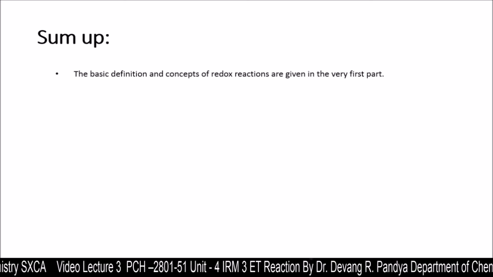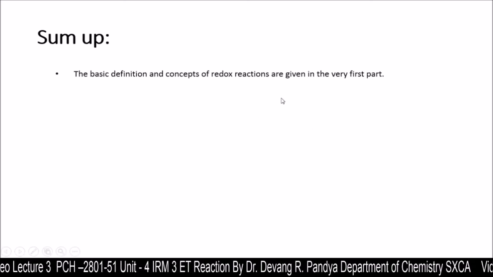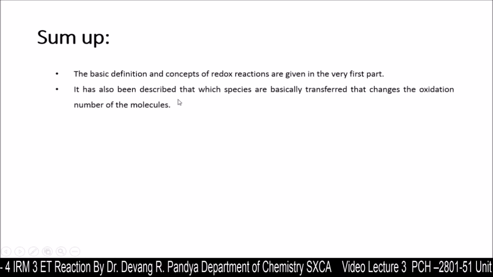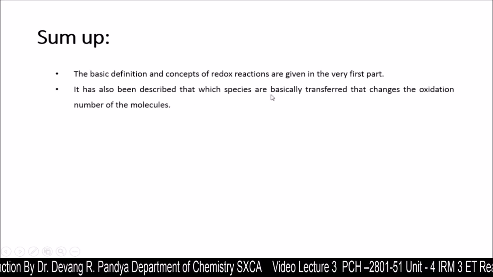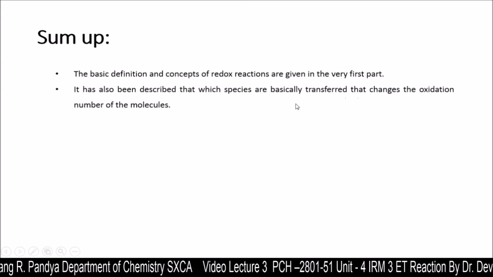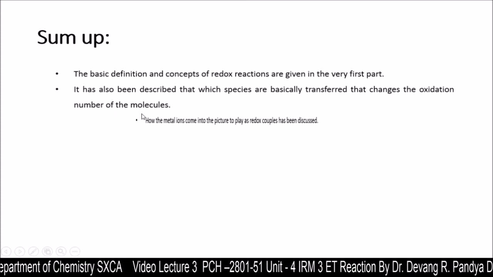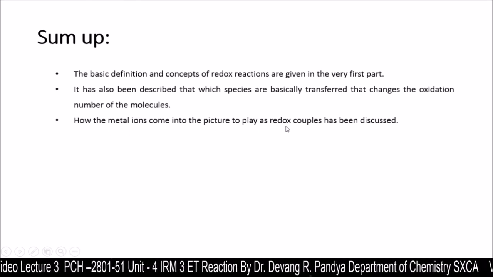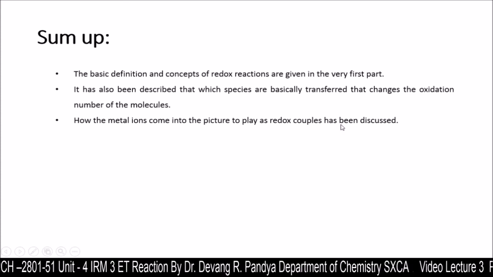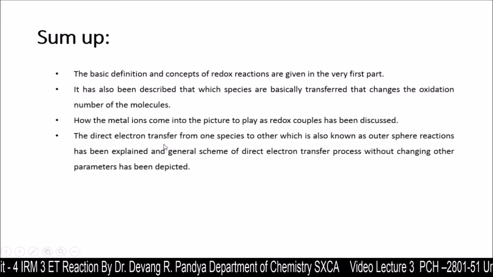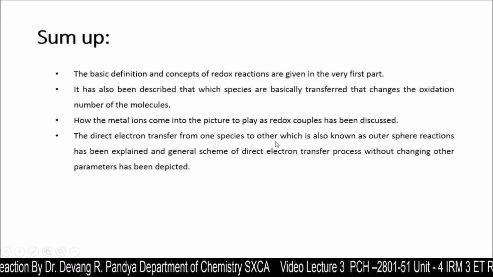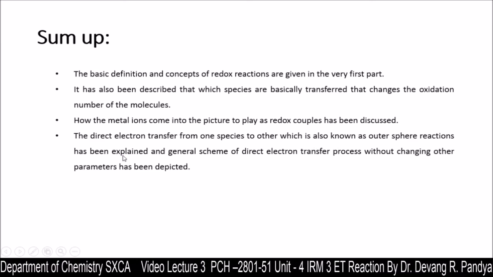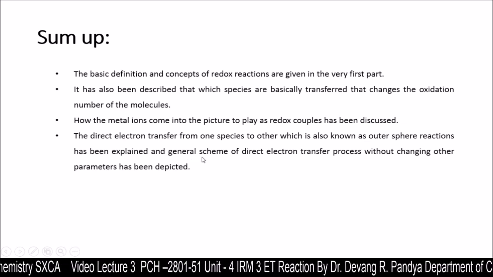Let's sum this up. The basic definition and the concept of redox we have discussed in the first part. It has also been described which species are basically transferred that changes the oxidation number of the molecule. How the metal ion comes into the picture to play as a redox couple has been discussed in this lecture as well. The direct electron transfer from one species to another, which is also known as outer sphere reactions, has been explained in this lecture.